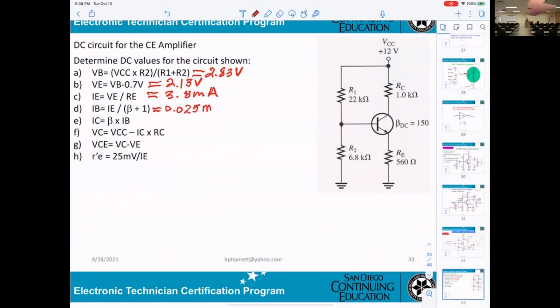If you want to get microamps, times 1,000. Okay, I see. That means 0.025 times 150, 3.75.